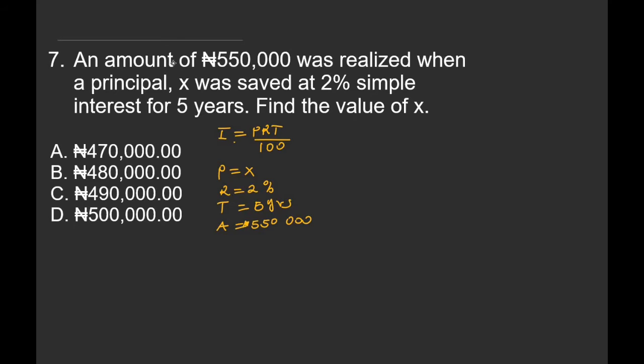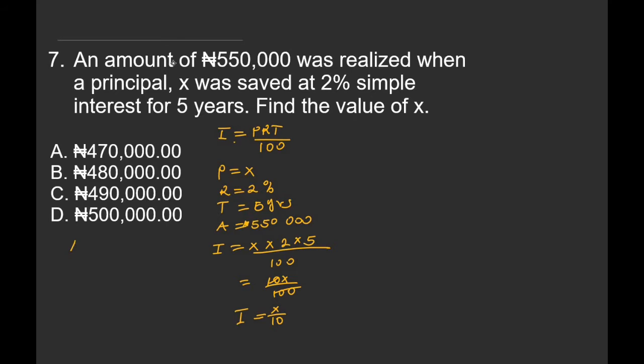Now from this we can easily say that the interest is equal to the principal, which is X, times the rate times the time, all divided by 100, which is equal to X times 2 times 5 is 10x, all over 100. 10 can divide 100, so you have X divided by 10 equal to your interest.